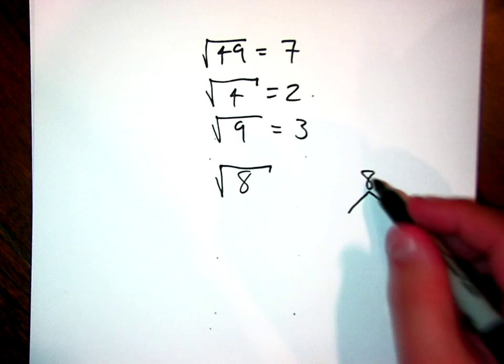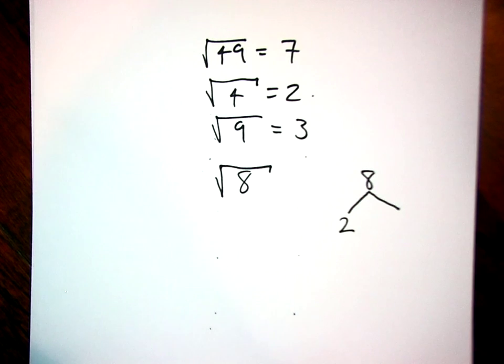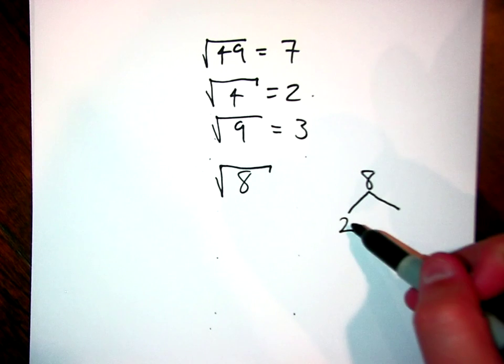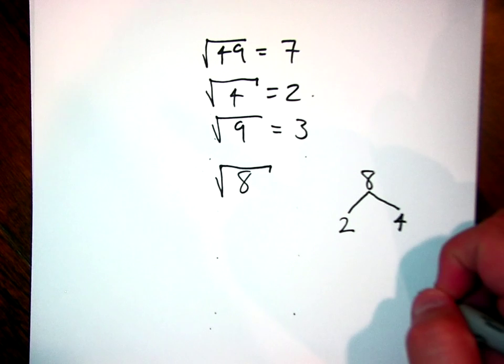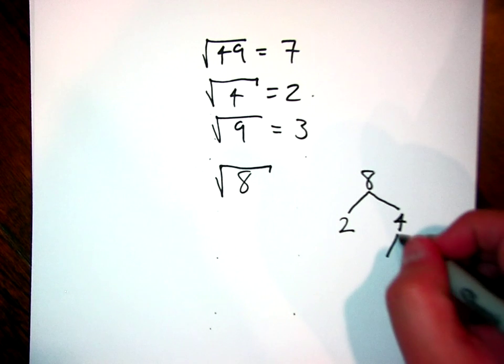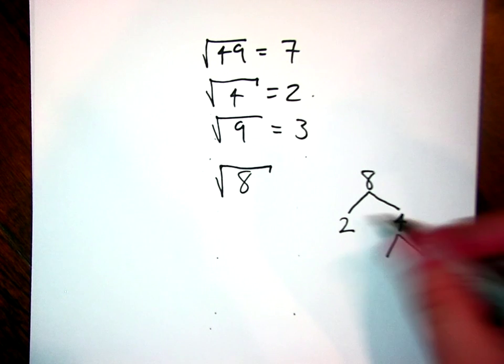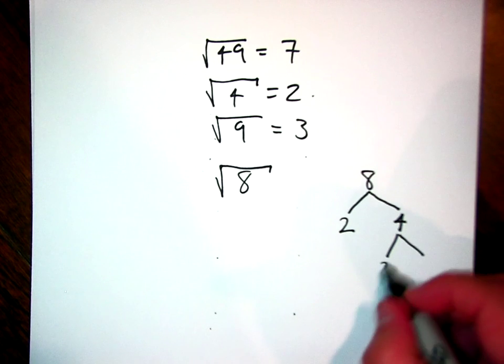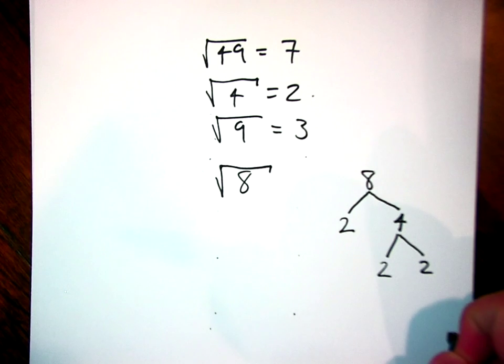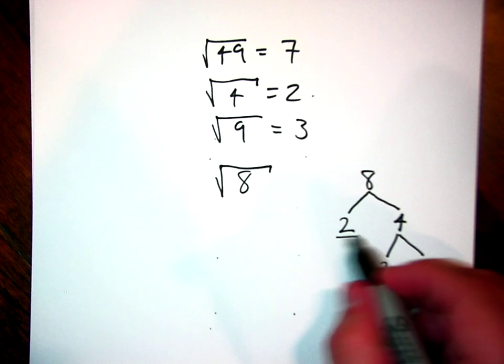So if I start with 2, since I know 8 is even, I know I can divide it by 2, the other number that comes out over here is going to be 4. Okay, and let's continue the tree until we get the prime factorization, or all prime numbers down the bottom here. So 4 is going to be 2 times 2. And I'm done. I know that 2 is a prime number.